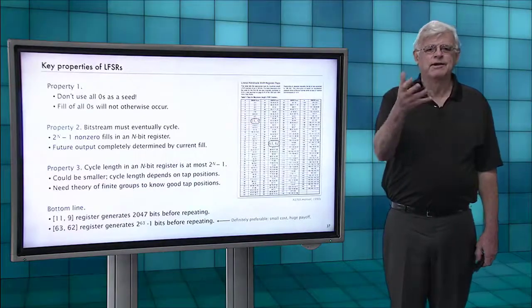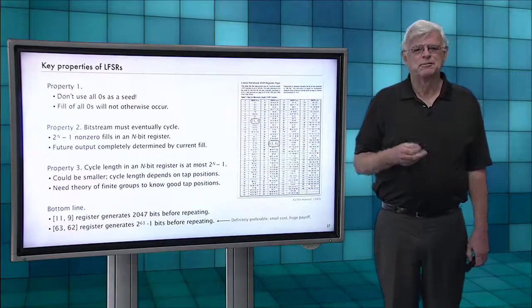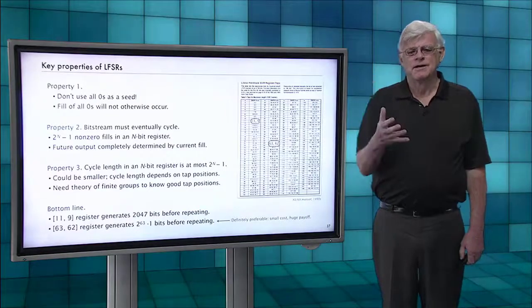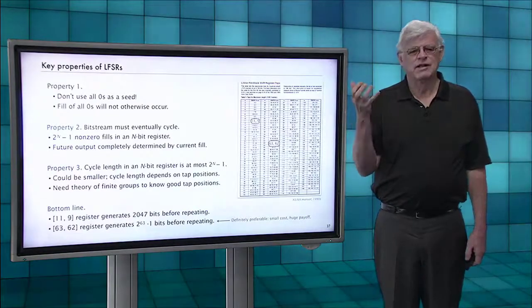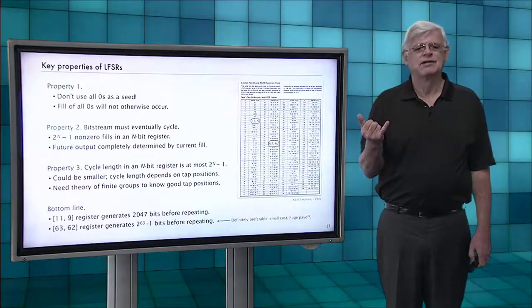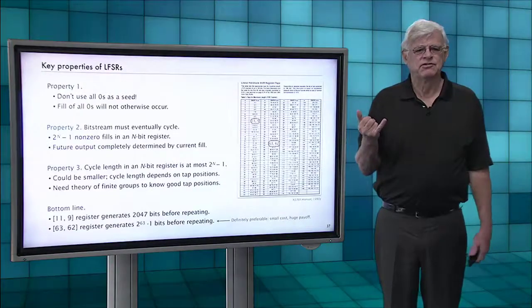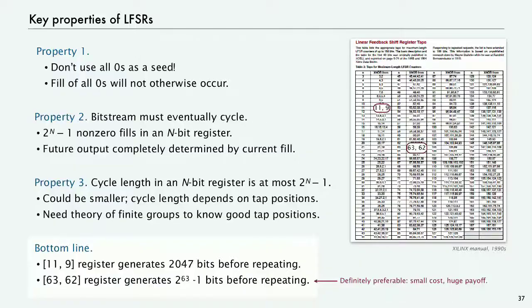Bottom line, with the internet, you can find manuals and books that tell you, for a certain register size, how many bits you get. That's where we found that 11 gives 2 to the 11th minus 1. And if you do a big one like 63 bits, then you get a 2 to the 63 minus 1 cycle length, which is huge.